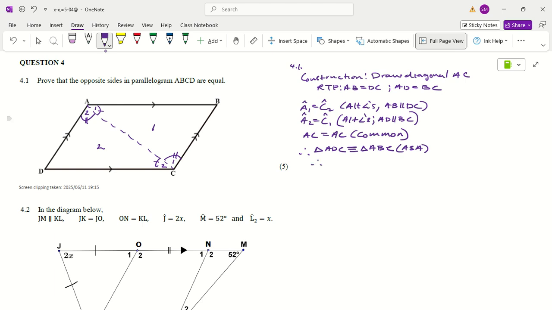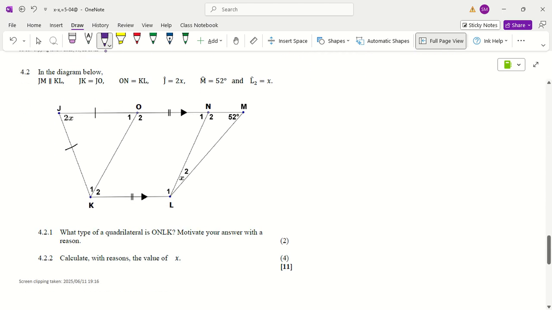Therefore, in congruent triangles we have also equal sides, so meaning that now the side AB is equal to the side DC, and the side AD is equal to BC. So very simple. And then we've just proven that opposite sides of a parallelogram are equal.